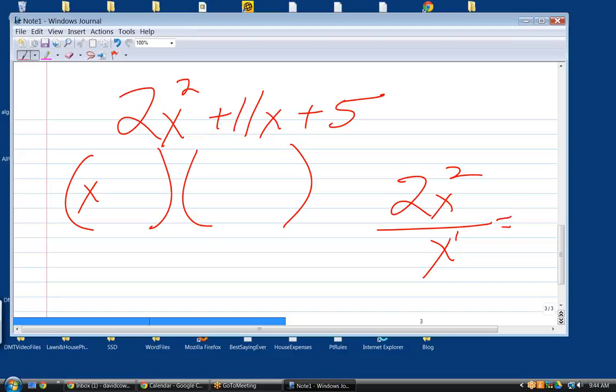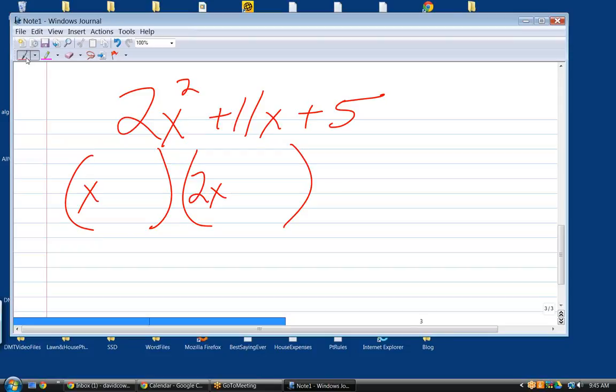So that is equal to 2x. That's what goes there. A little experimentation, you would have figured out that if that's x, that's got to be 2x, because now when I multiply them back together again, I get 2x squared. That's the key.